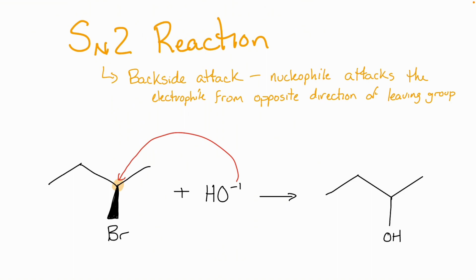All right, importantly, this leads to a stereochemical inversion. And inversion is kind of a key word here, because what we're going to see is if we properly draw our product, we have to draw that new hydroxide carbon bond in the opposite direction of where my leaving group bond was.